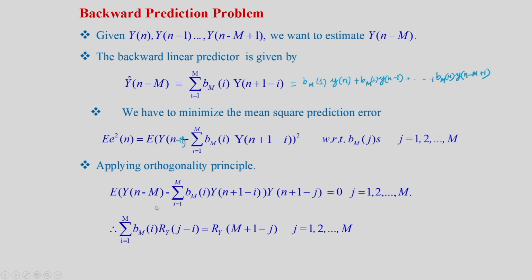Taking the expectation, we get summation b_mi R_y(j-i), i going from 1 to m, must be equal to R_y(m+1-j). So, E[y[n-m] y[n+1-j]] will give us this. This set of equations is for j equal to 1, 2 up to m.